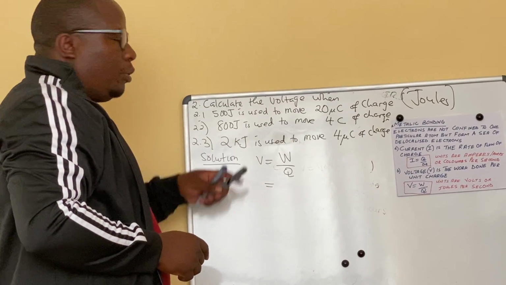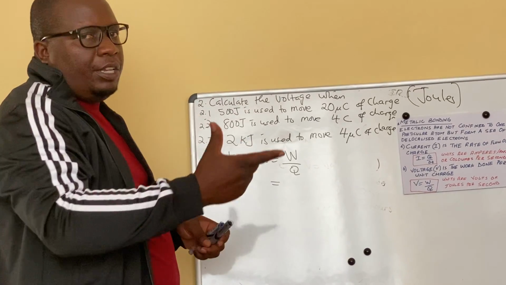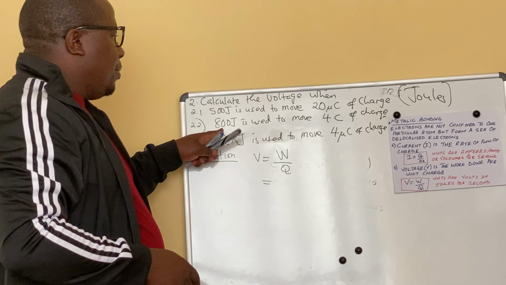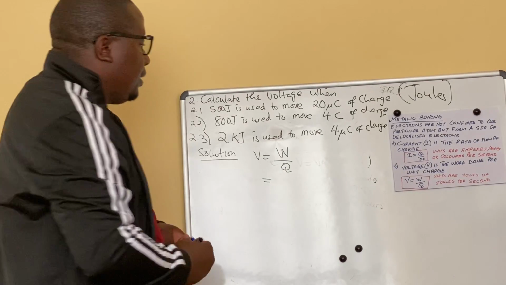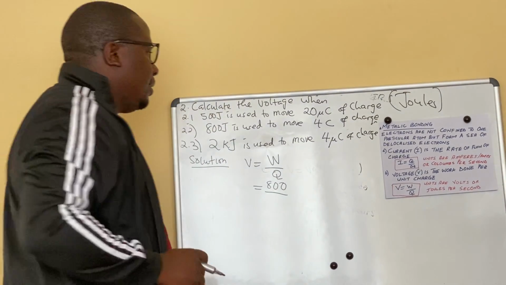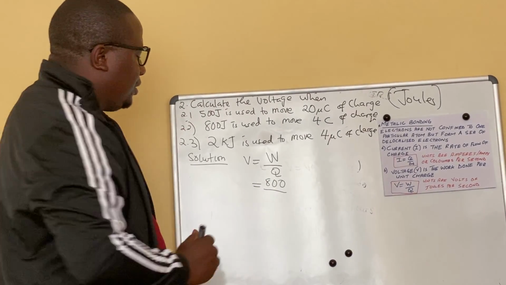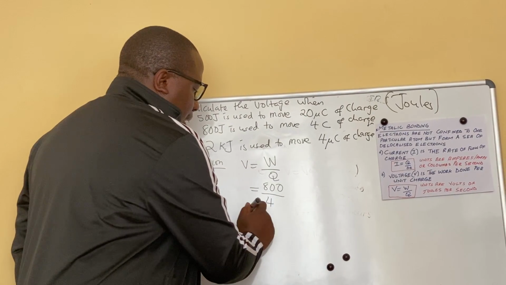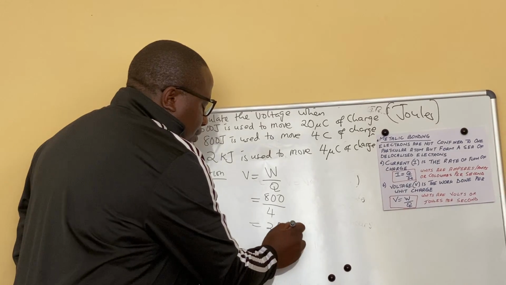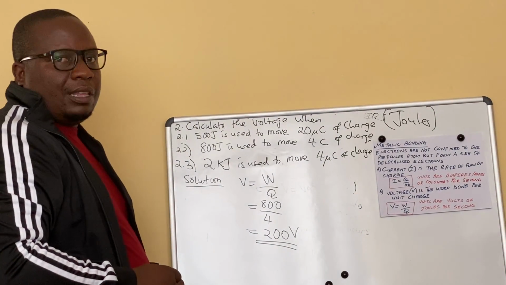If it is kilojoules, then we cannot use kilojoules. We have to convert. And remember, I said kilo means times 10 to the power of positive 3. Here, the work done is 800 joules already. So I'm going to just substitute it as 800 divided by the charge, which is 4. Then you take your calculator, you divide, and you're going to see that this gives you 200 volts. Are we together there?